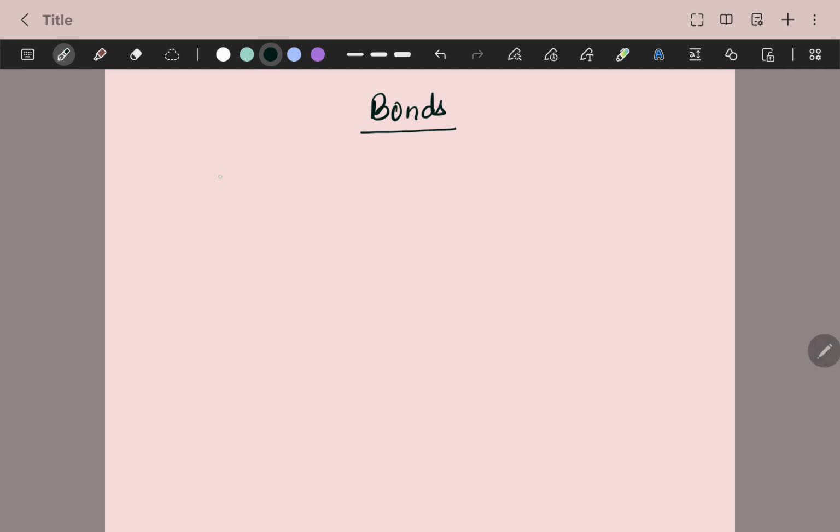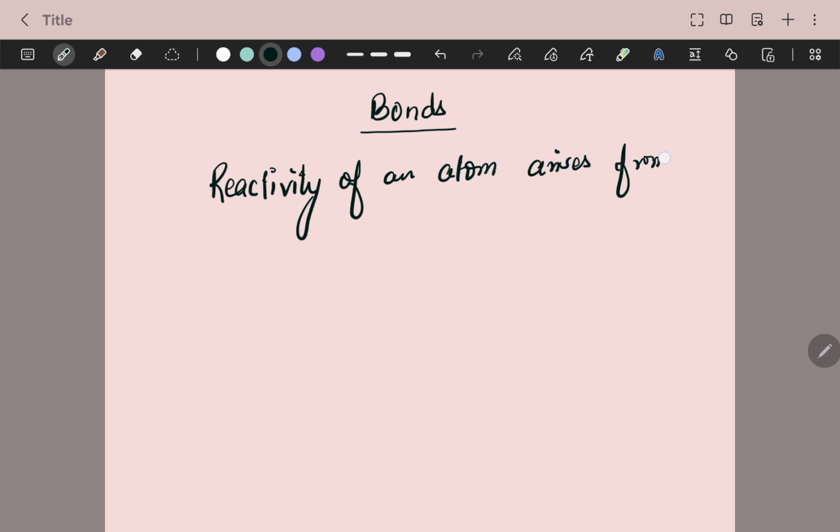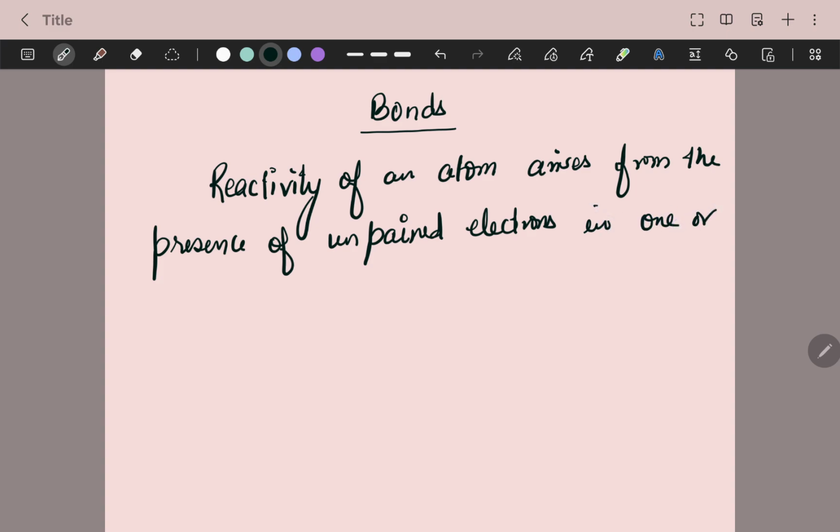So the reactivity of an atom arises from the presence of unpaired electrons in one or more orbitals of the atom's valence shell.